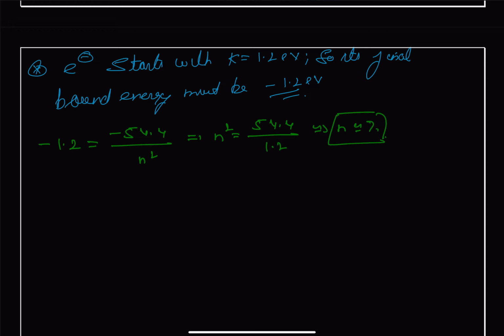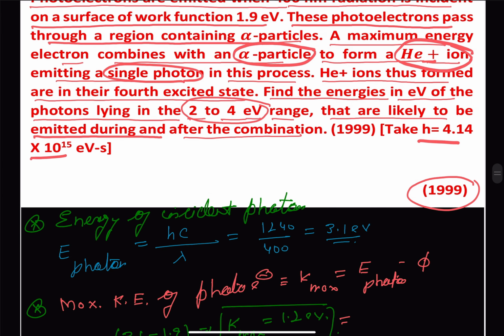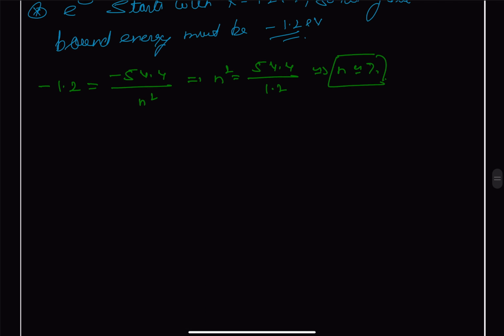We already know that the ground state is given as n is equal to 1, and it's mentioned in the question that the excited state is the 4th excited state. So it means the value of n will be equal to 5 for the excited state.